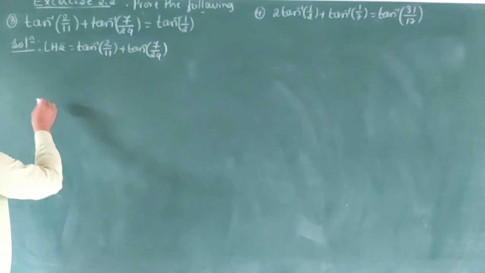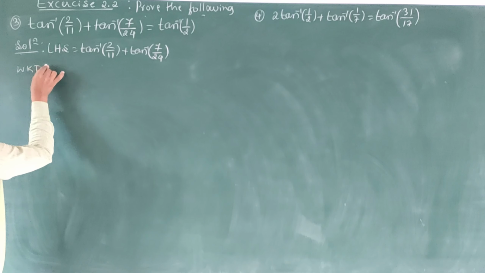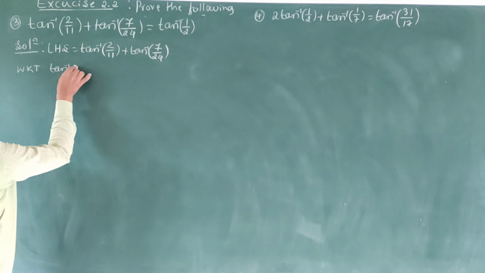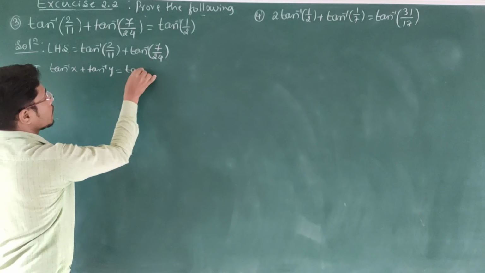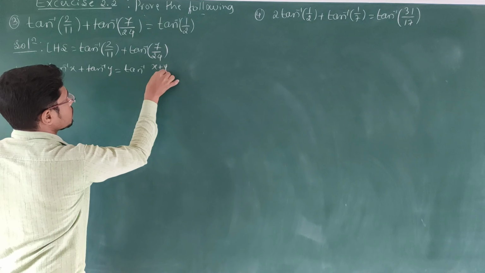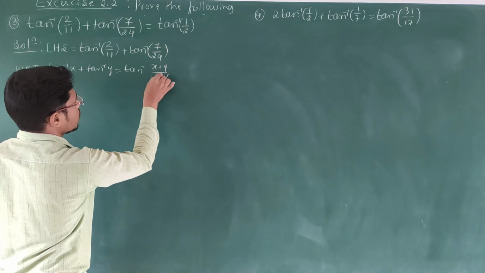So we know the formula: tan inverse of x plus tan inverse of y equals tan inverse of x plus y divided by 1 minus x into y.